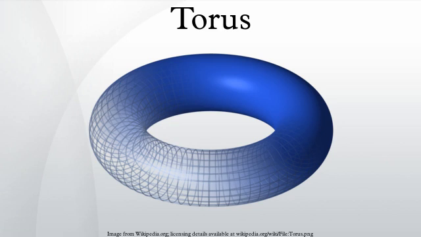V. V. Nikulin, I. R. Shafarevich, Geometries and Groups, Springer, 1987, ISBN 3-540-15281-4, ISBN 978-3-540-15281-1.